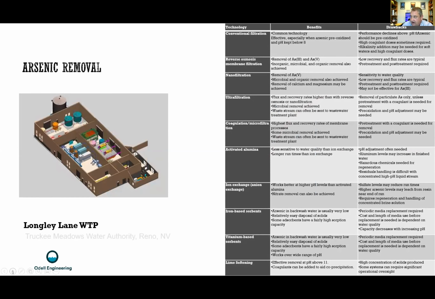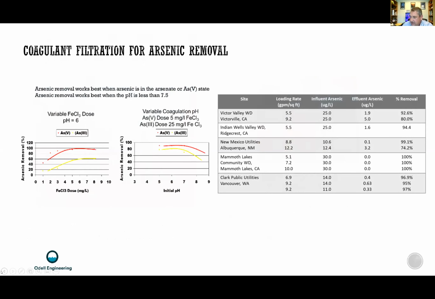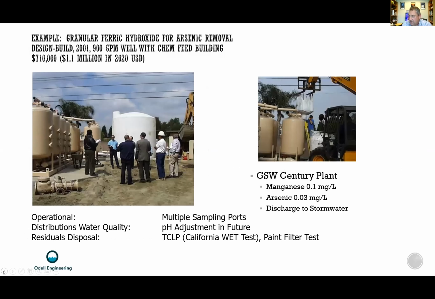And finally, arsenic removal. Arsenic removal's been around for quite a while, since the arsenic regulation was lowered in 2001. There are lots of examples where adsorptive media has worked very well. There are still several arsenic adsorbents on the market.